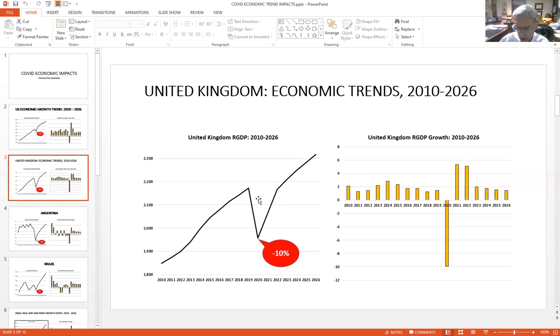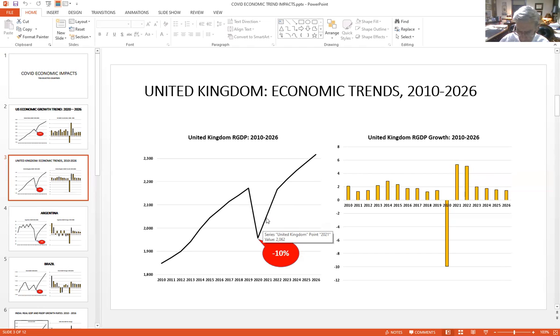Anyway, this is a really steep decline, and the UK is not going to get out of it. First of all, they're in the middle of a new surge that we will see later on in some slides.